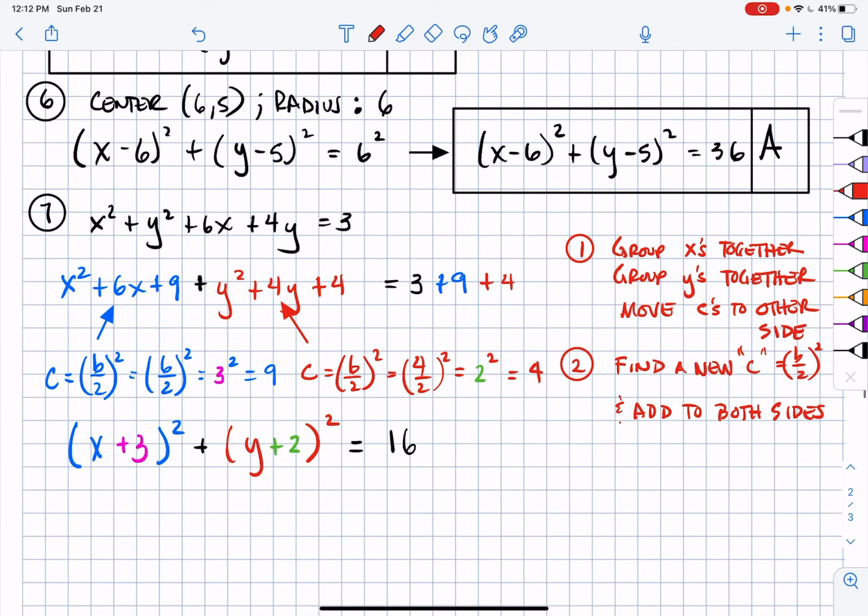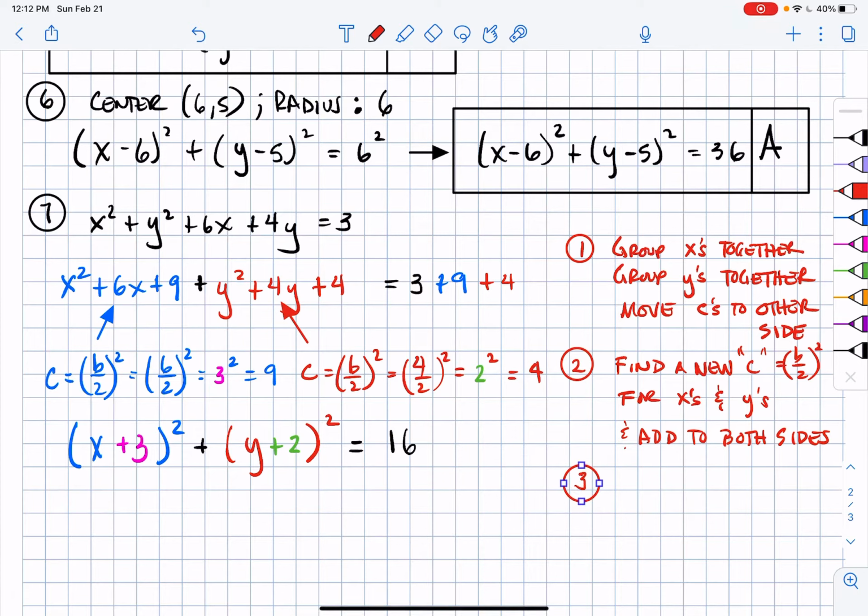Actually, I should probably put a caveat here. Find a new c for x's and y's, and add them to both sides. There we go.